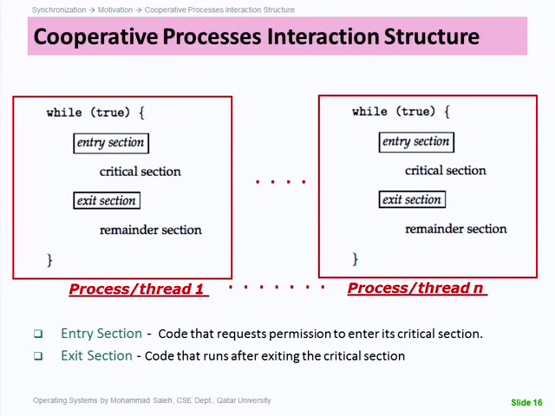And the exit code can be release lock, unlock, or the code to give a chance to other cooperative threads to enter their critical section. So we can just call it what? Leaving critical section code. Something that a cooperative thread must do. Okay?